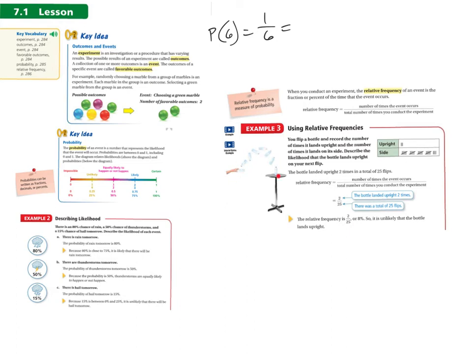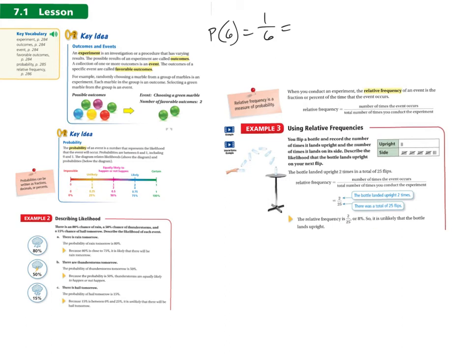You're flipping a bottle and trying to land it. It looks like they did 25 flips and only got 2 to land. I know you all could do so much better. So you end up with 2 over 25, or 8%, because 2 divided by 25 is 0.08, and that becomes 8%. So 8% falls in the unlikely category.